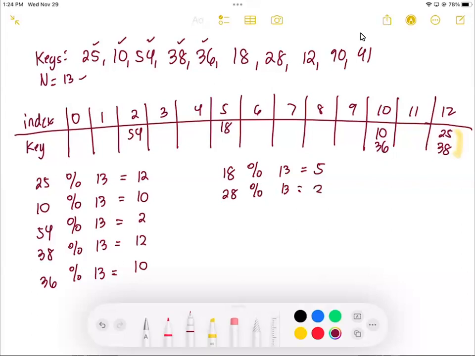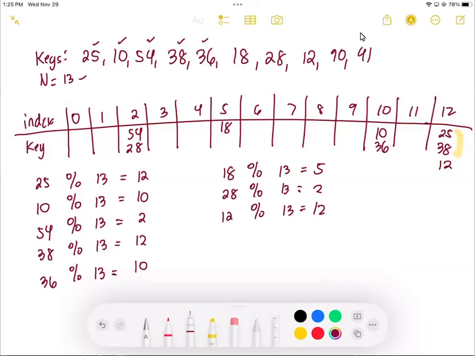But in the second bucket, 54 is already there. So we have a collision, and we just add 28 here. Now we have 12. 12 modulo 13 is just 12. So in the 12th bucket, 25 and 38 are already here, so let's just add 12 here also.